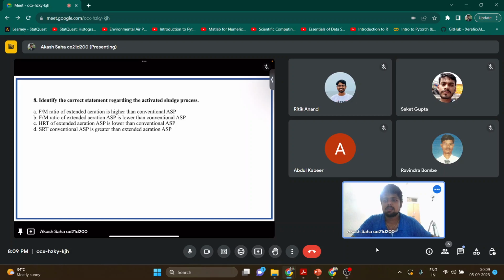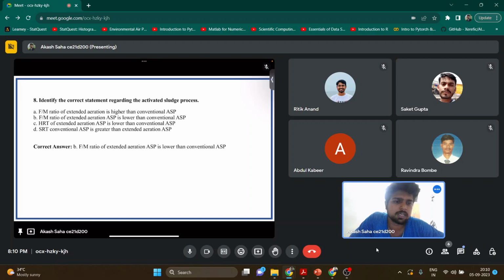And then my F by M ratio. Since I am providing longer duration of aeration, the microbes will slowly grow from log phase to stationary phase to endogenous phase. So all the food will be consumed and the microorganisms will increase. So my F by M ratio will be lower in the case of extended aeration.